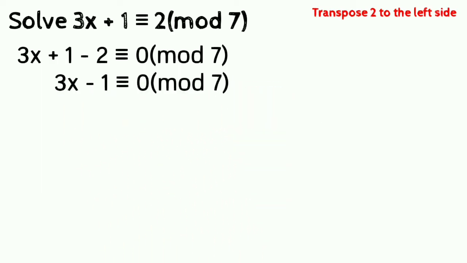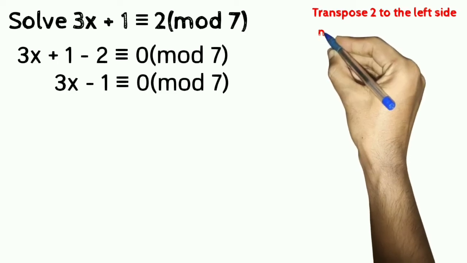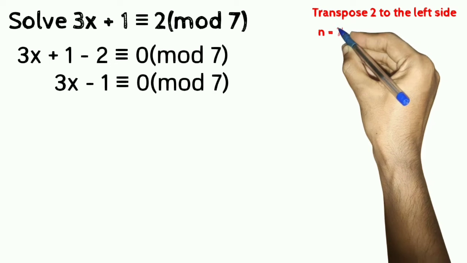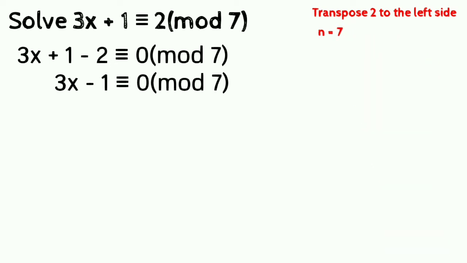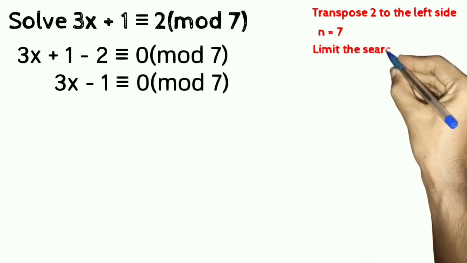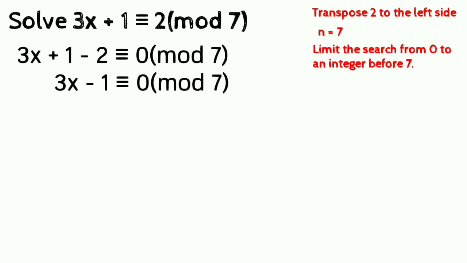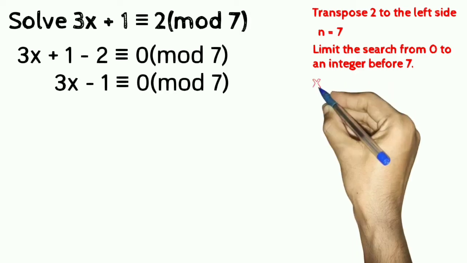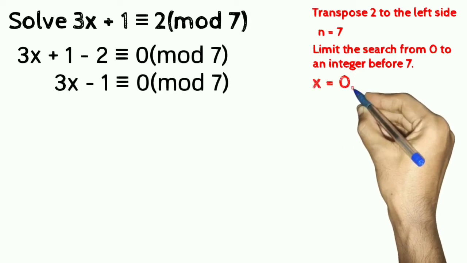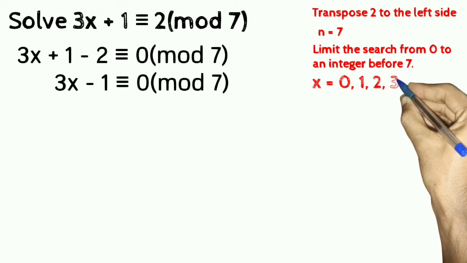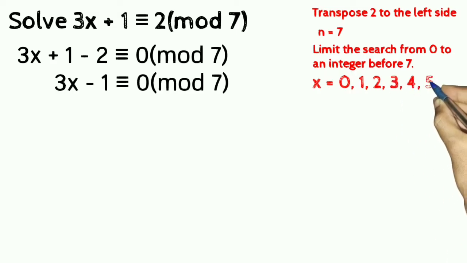The next thing that you should do is to know your n. The n in this problem is 7. To find the value of x, we will limit our search always from 0 to the integer before 7. So that means na ang value ng x ay either 0, 1, 2, 3, 4, 5, and 6.